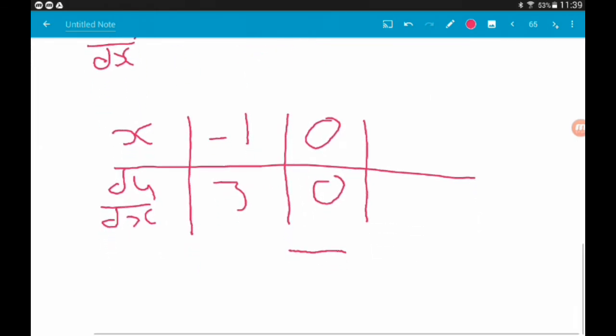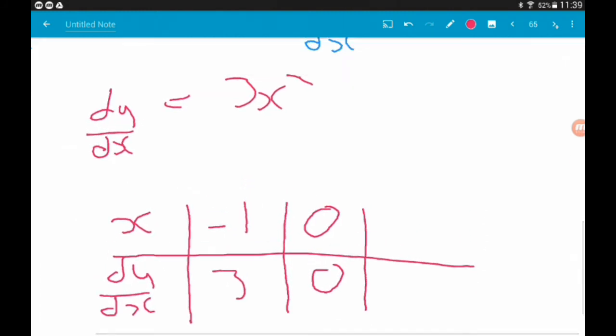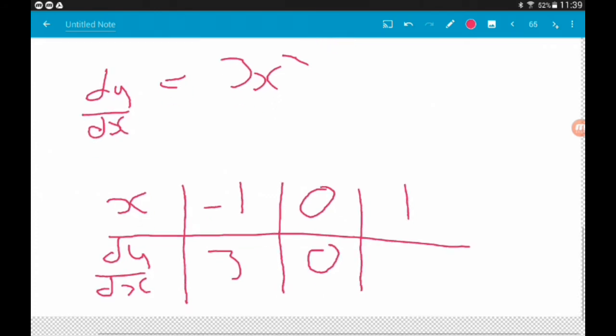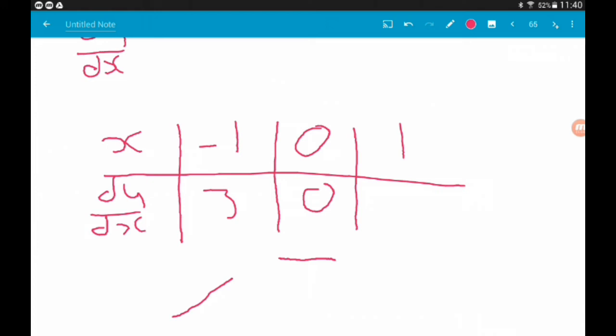Now that is a positive gradient. So the curve at that point is doing something like that. It's going up from left to right. Now we need to determine what the graph is doing to the right of the stationary point. So let's go to 1. So that's also going to give us 3. So the graph here is also increasing. The gradient is positive.